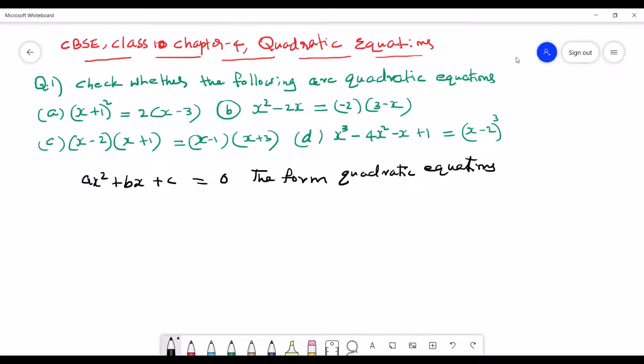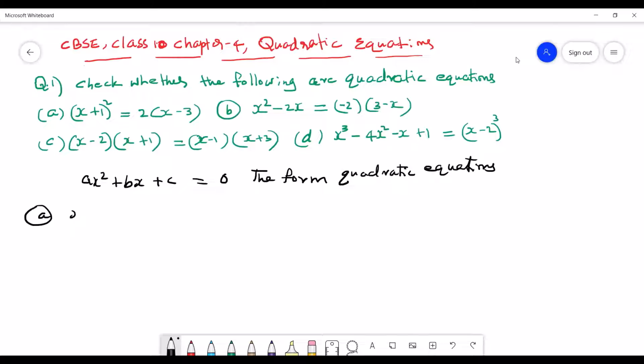The form specifically is given as ax square plus bx plus c equal to 0. Here 4 questions are given to us, and we have to check whether they represent a quadratic equation or not. Let us consider the first question.